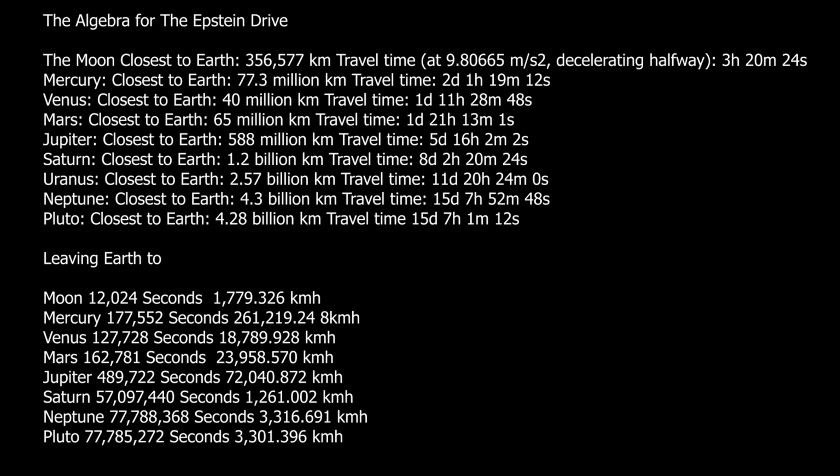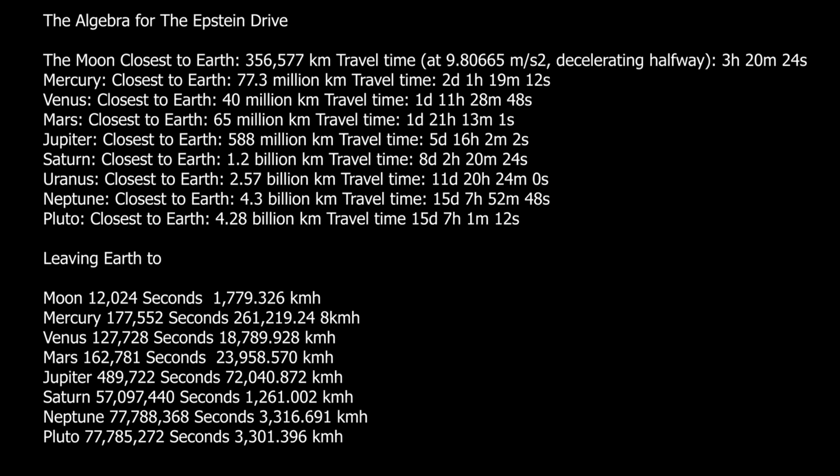Leaving Earth to Jupiter, 489,722 seconds, 72,040.872 kilometers per hour. Leaving Earth to Saturn, 57,097,440 seconds, 1,261.002 kilometers per hour.